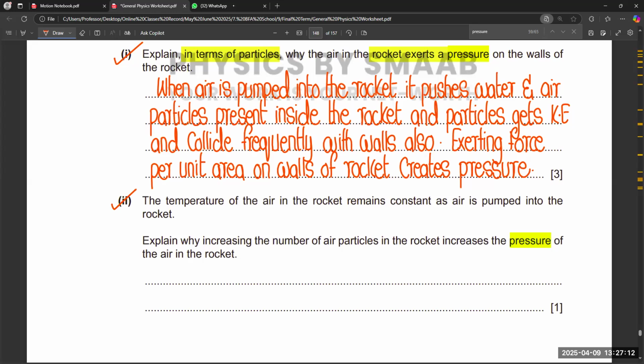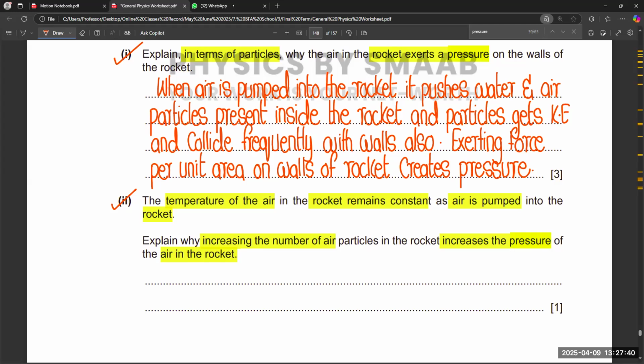Next part is: the temperature of the air in the rocket remains constant as air is pumped into the rocket. Explain why increasing the number of air particles in the rocket increases the pressure of air in the rocket. So this is only for 1 mark. We know that when temperature increases, kinetic energy increases. But right now the temperature of air in the rocket remains constant.